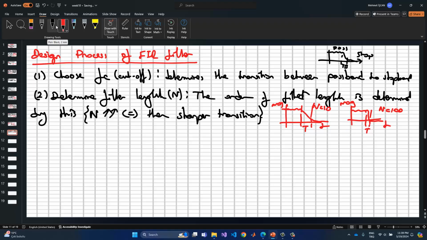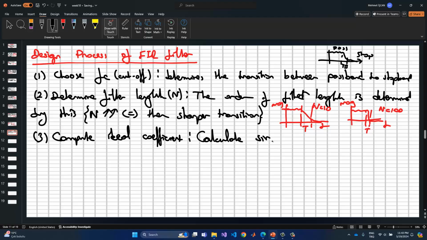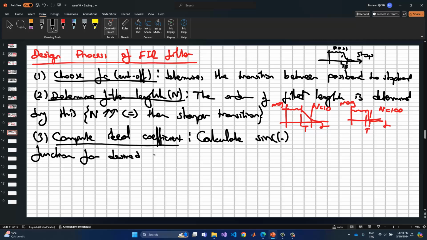Okay, and also we need to compute the ideal coefficients, and in order to do that we need to calculate the sinc function for the desired filter length.